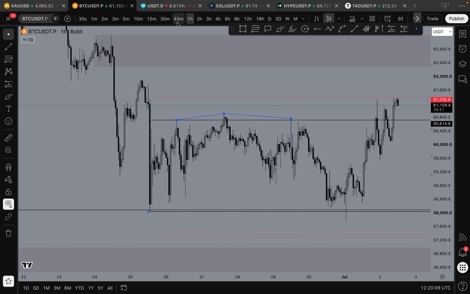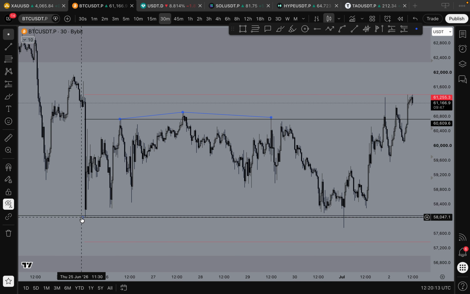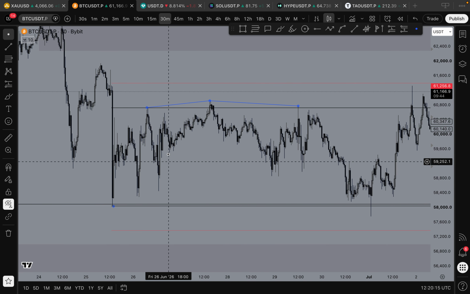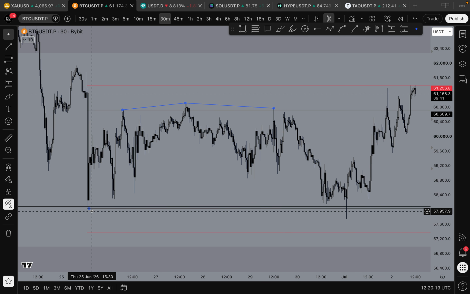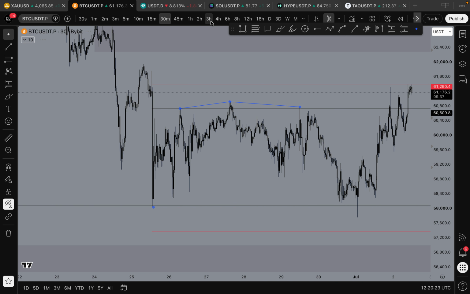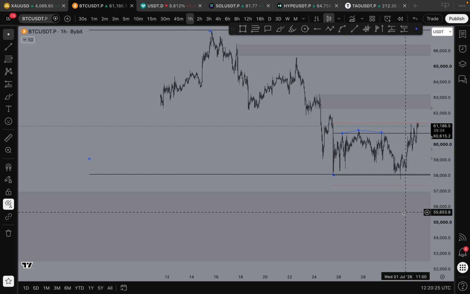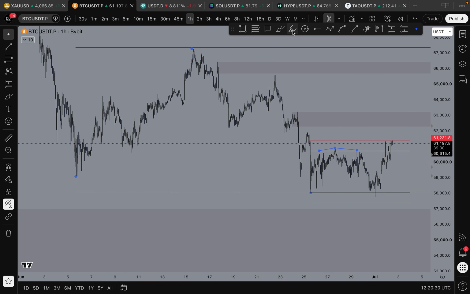So early this week, as I shared multiple times in Discord and also on X, was the idea to complete the model 2 distribution right here by taking out that range low and then see if price could flow over into an accumulation. Because on the high time frame we have that 1, we have that 2, which could signal towards a 3 drive.